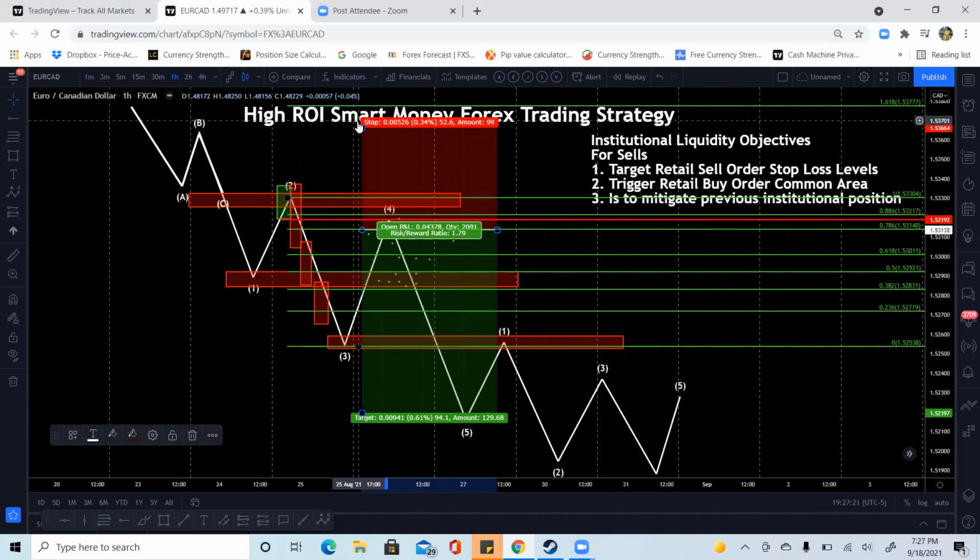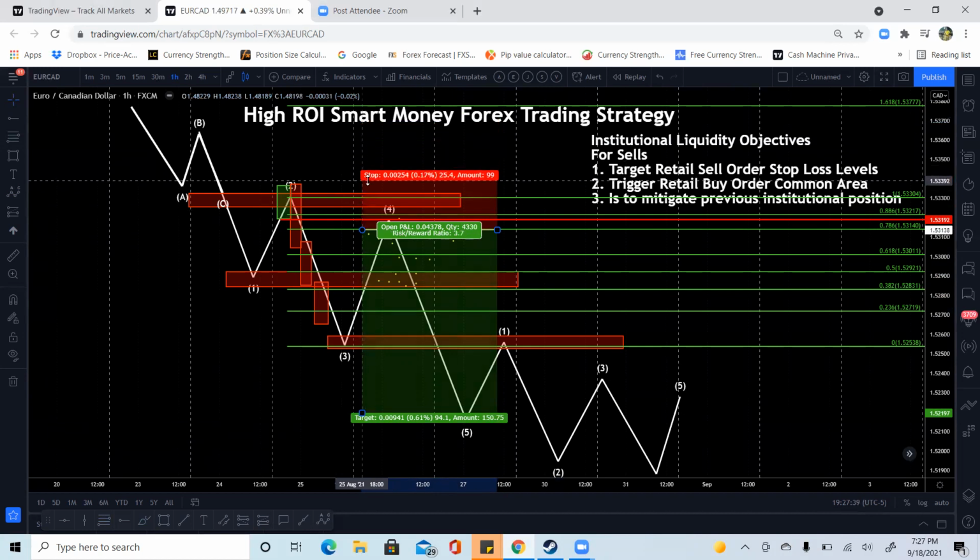But here's what it is from an institutional perspective. Your mindset when you're taking your risk management is you're playing off of an institutional playbook. So if you're catching the right trade, then the price is not going to go above that institutional candle at all, if you're playing by the institutions, because there's no reason for them to let price go above their own move and mess up what they were doing.